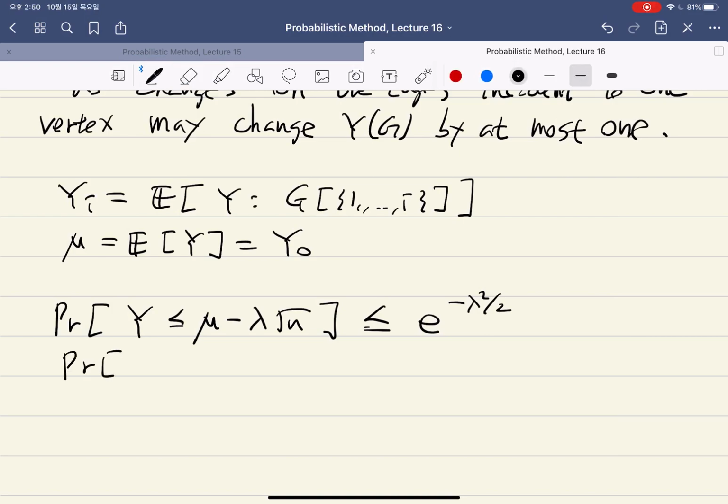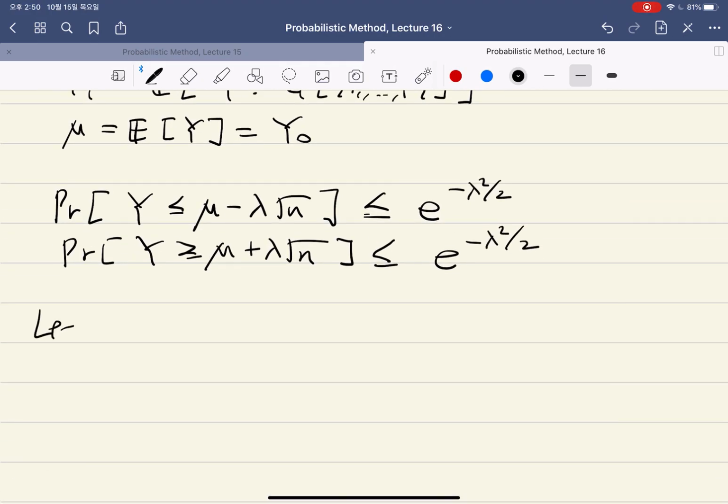And the probability that Y is bigger than mu by lambda square root of n is smaller than e to the negative lambda squared over 2. And here let lambda be the number such that e to the negative lambda squared over 2 is the same as epsilon.